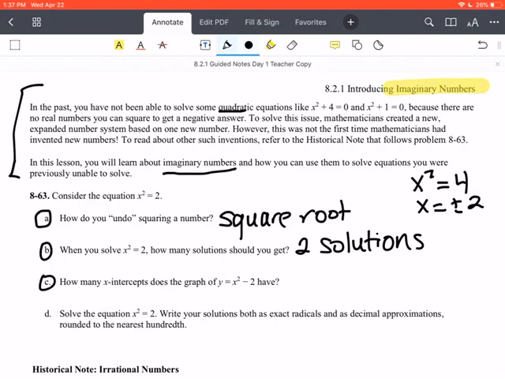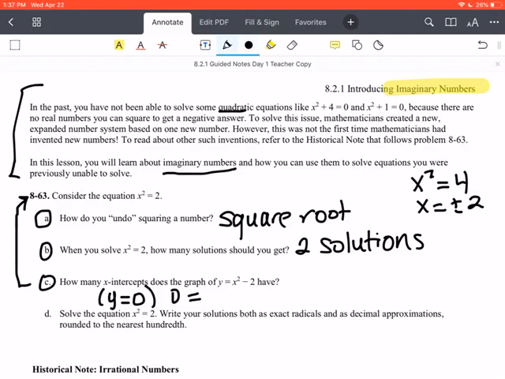On C then, it says how many x-intercepts would the graph of y equals x squared minus 2 have? Please note that this function is directly related to x squared equals 2 because they moved the 2 over with the x squared. When we're talking about x-intercepts, we automatically think, let's replace the y with 0.